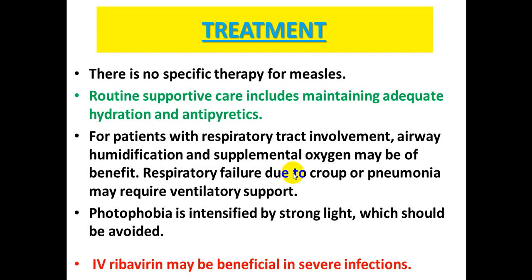Respiratory failure due to the development of a croup or pneumonia may require ventilatory support. Photophobia is intensified by strong light, which should be avoided. Intravenous ribavirin may be beneficial in severe infections in special situations.